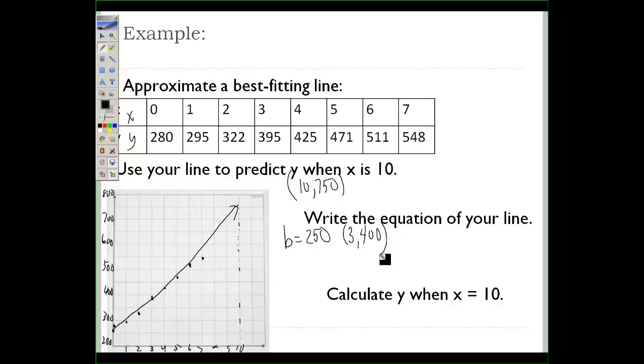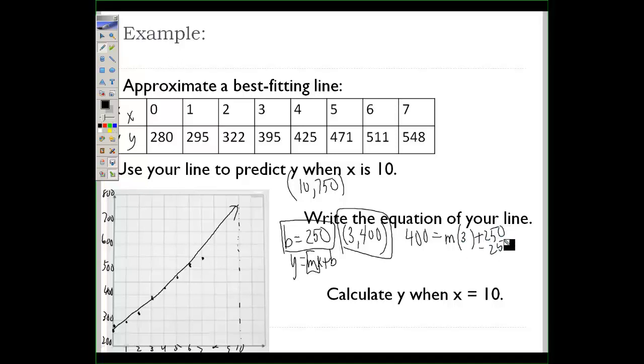If I want to write the equation of a line, y equals mx plus b, and I have an intercept and a point, I can do that. I can plug in all the things I need because I need to solve for my m value this time. So I'm going to plug in 400 must equal m times x, which is 3, plus 250.